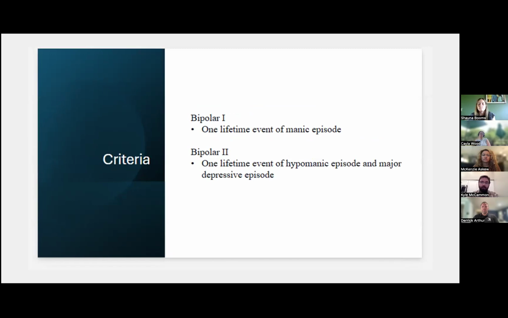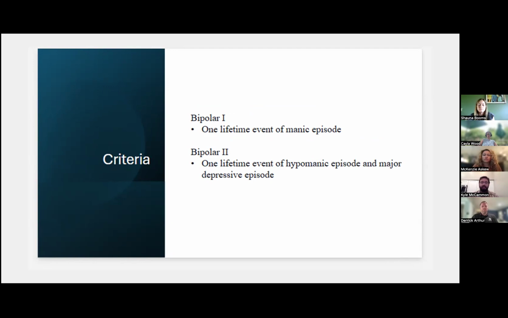So the criteria is broken up into two sections, bipolar 1 and bipolar 2. For bipolar 1, you have to meet the criteria for one lifetime event of a manic episode. A manic episode is a period of at least 1 week, persistent throughout that week, of an elevated mood or increased irritability beyond the normal range of that person.